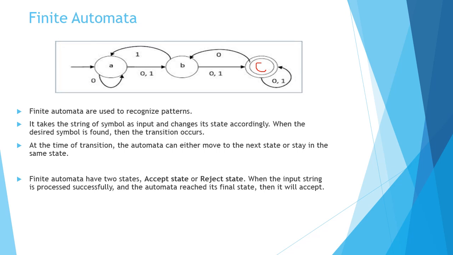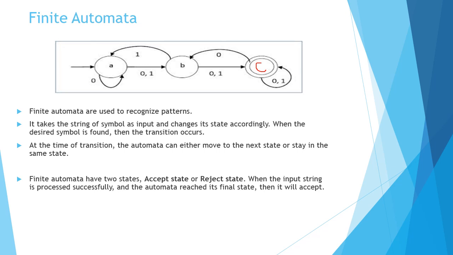So in this diagram, what is the valid string? Let us go through it. For the input 0 and 1, we move from state A to state B, but we are still in a non-final state.